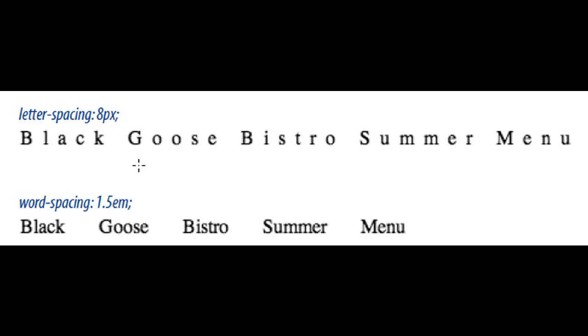And in the next one, I have used word spacing of 1.5 em, which means that the regular space will be enhanced to 150%, and then it will be used as a word space between two words. So this was all for the spacing property.